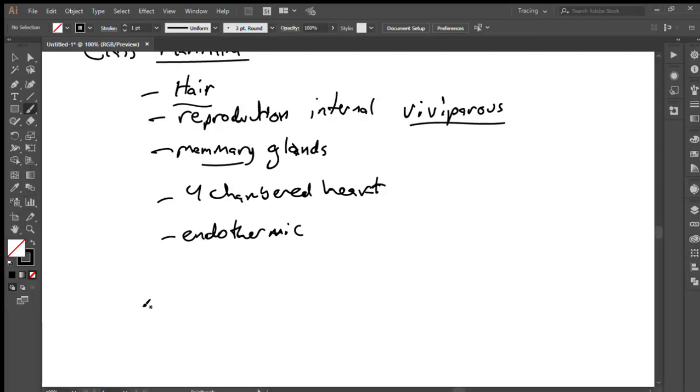For many mammals, they have underhair, which provides primarily insulation. And then they have guard hair.